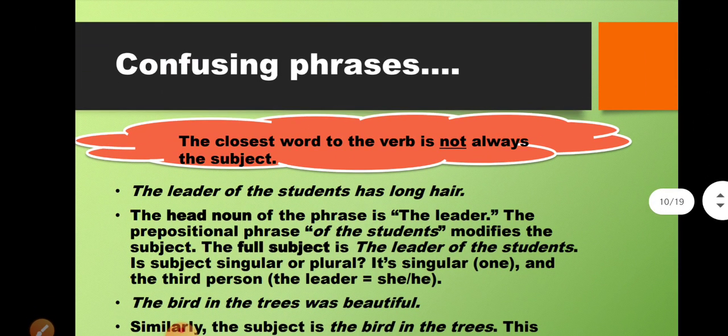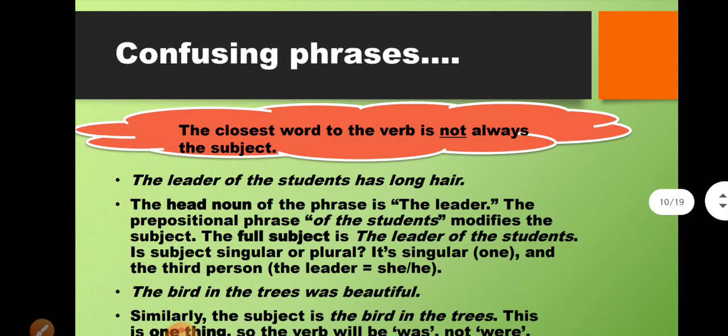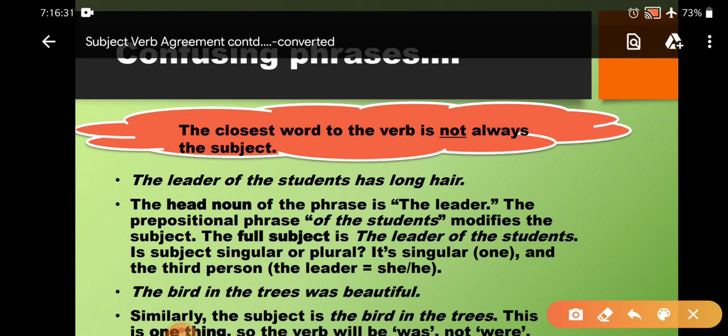Then there are certain confusing phrases, where the closest word to the verb is not always the subject. Look at this. I will explain through an example. The leader of the students. Who are we talking about?